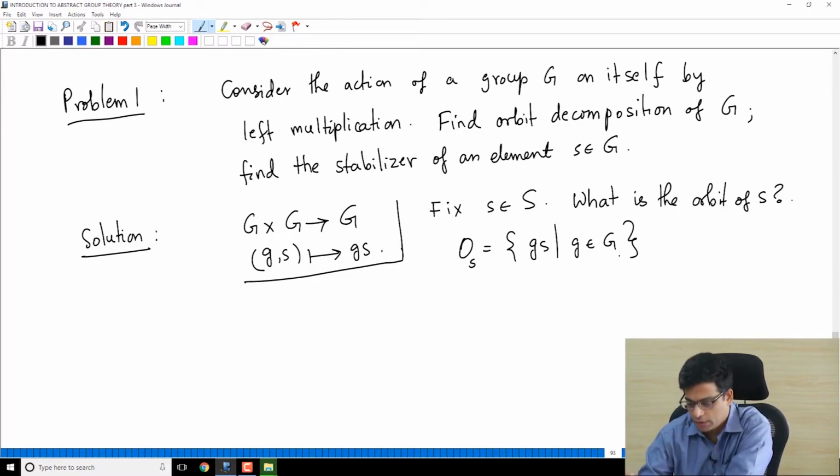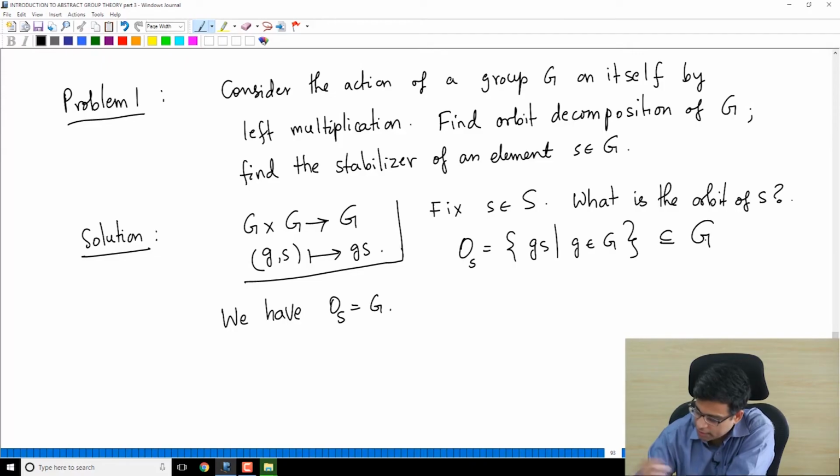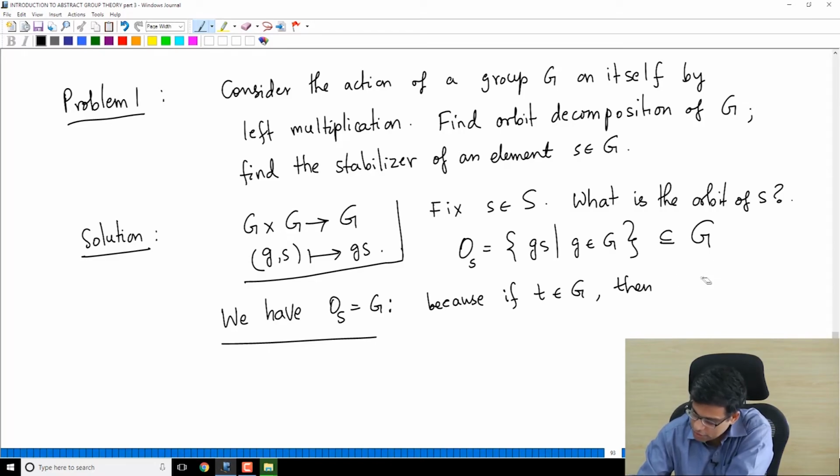Now this is something that I have implicitly done several times, but the point is this is equal to G. Of course the orbit is always contained in G, G being thought of as a set here, but in fact the orbit is equal to G. If t is in G, we want to find a group element g such that g times s is equal to t.